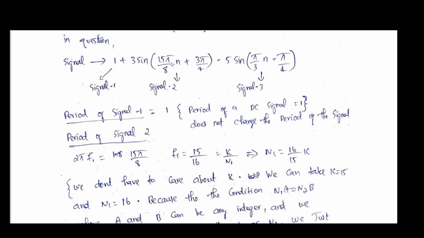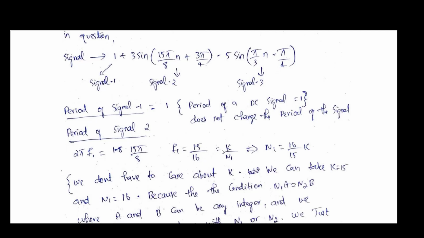This is the value with the n value, right? In the case of a continuous signal, this will be t. In the case of a discrete signal, this is n. So we check this omega value, 2 pi f1 equal to 15 pi by 8, from where we get f1 equal to 15 by 60, and that is equal to k by n1.